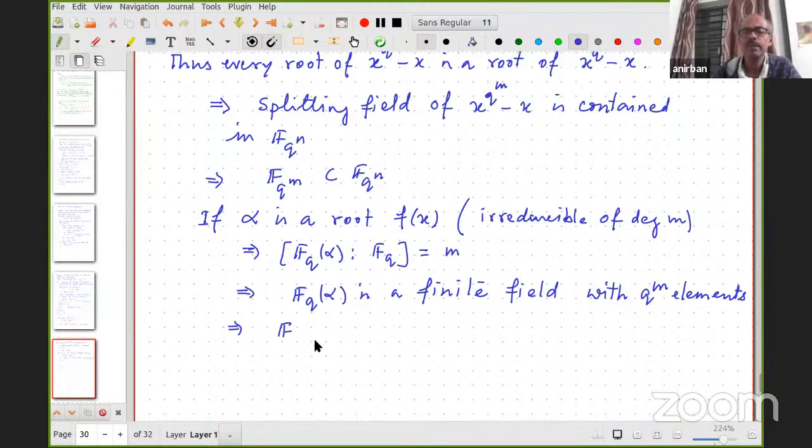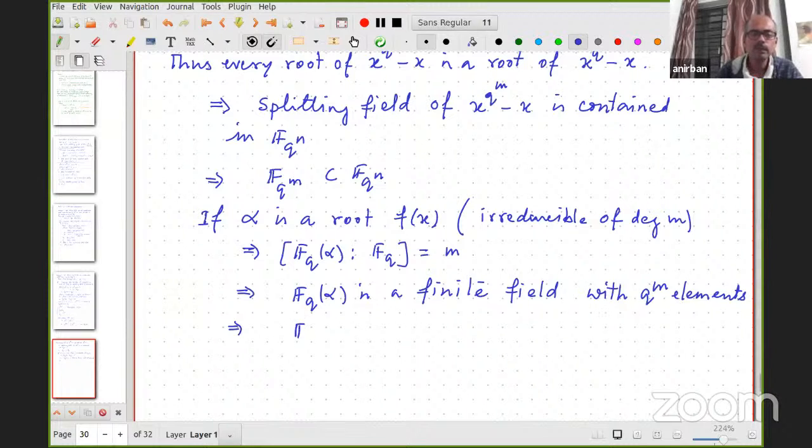A finite field with q to the m elements is a splitting field of the polynomial x to the q to the m minus x. So they are all unique. That's an interesting fact, in fact. So it's a finite field with q to the m elements.